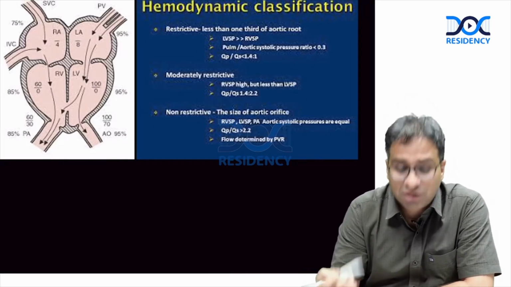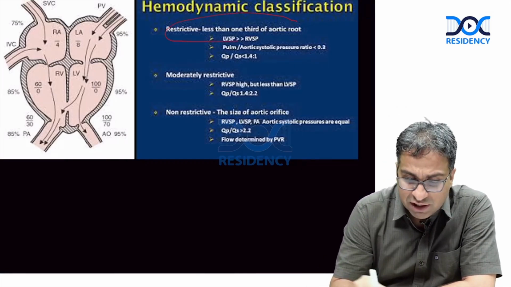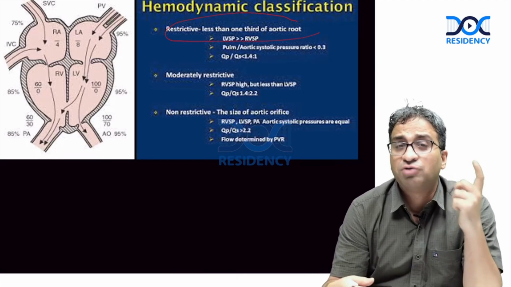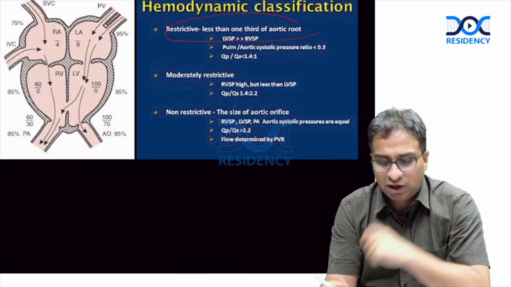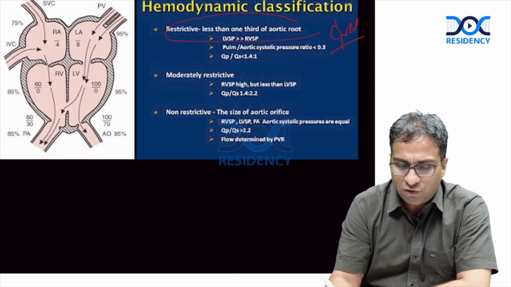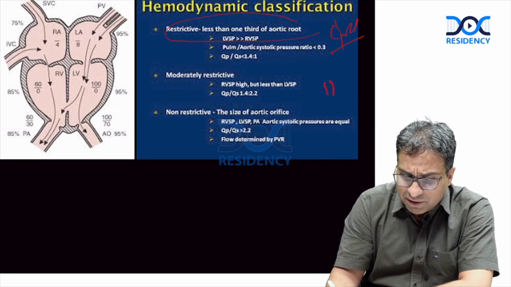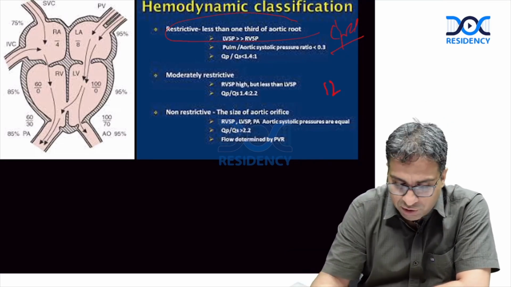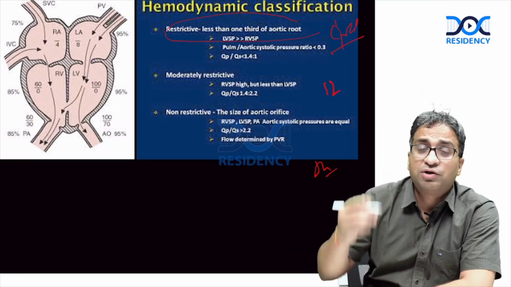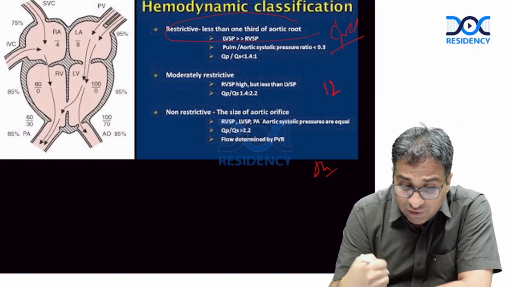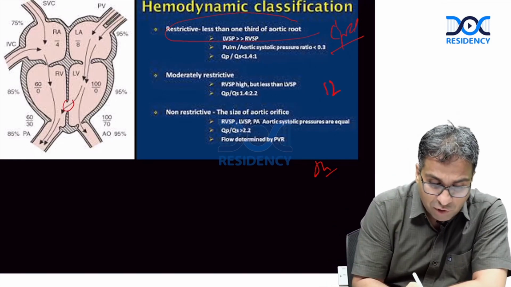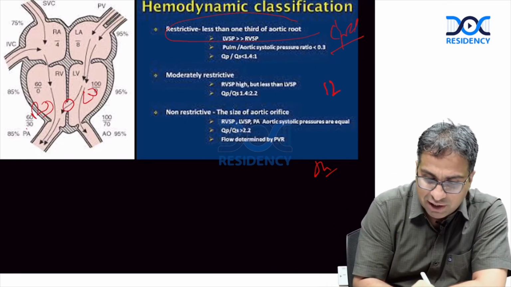The hemodynamic classification, if we see the VSD, there are two classifications. One is related to the size compared to the aortic root. So 1/3 of the aortic root, or it becomes equal, or 2/3 up to the aortic root, or more than 2/3 of the aortic root. That is known as small, medium and large. When the VSD is small, LV pressure is always greater than RV.